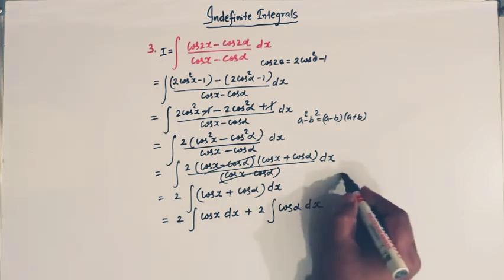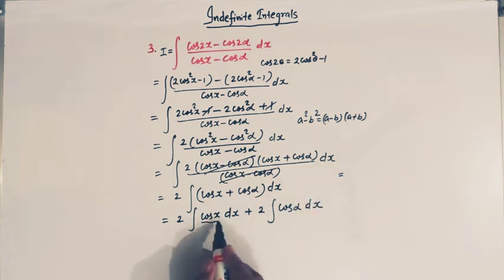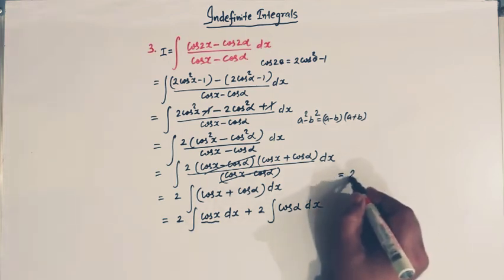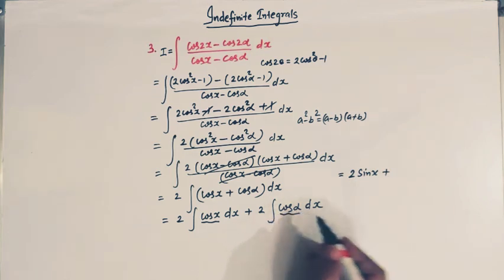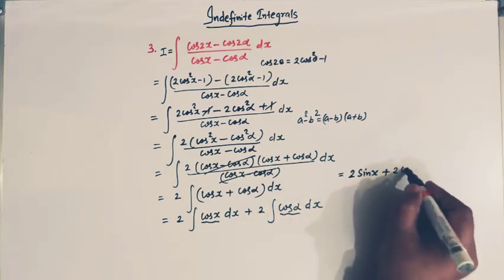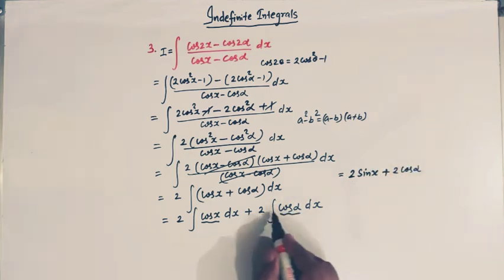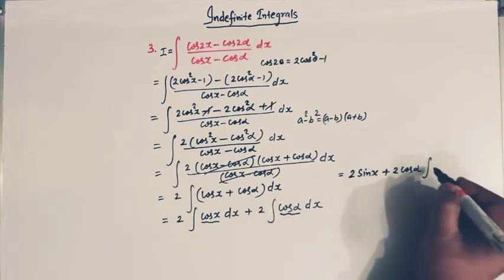Now here the integral of cos x is sin x, so we have 2 sin x, and here cos alpha is a constant, so we can take cos alpha outside this integral sign, so we have integral of 1 dx.